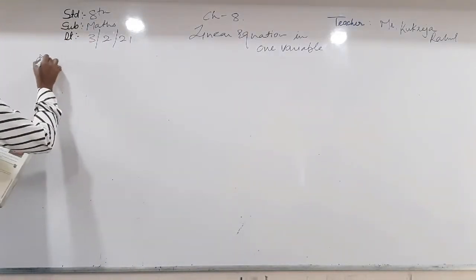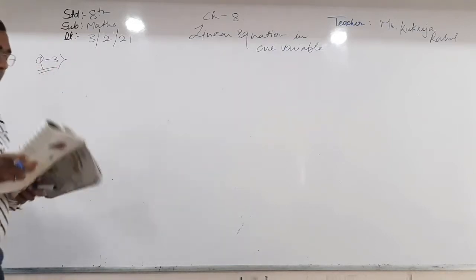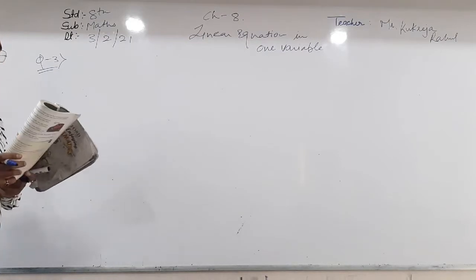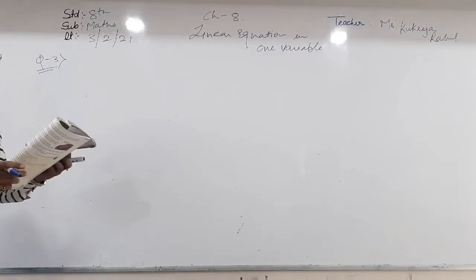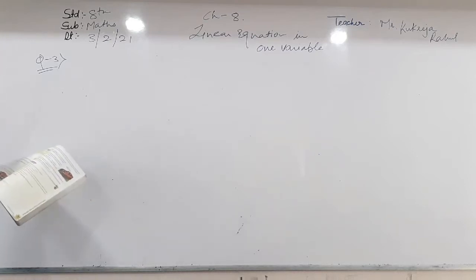Question number 3 from exercise 8D: the length of a rectangle exceeds its width by 4 meter. If its perimeter is 40 meter, find its dimensions. Okay.